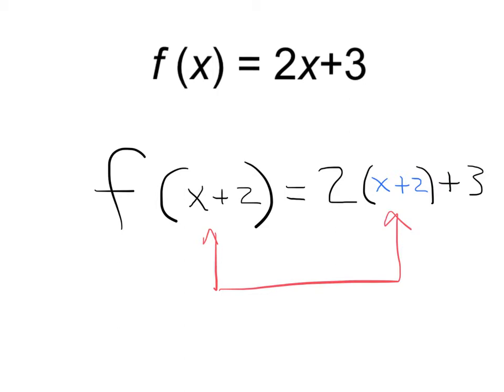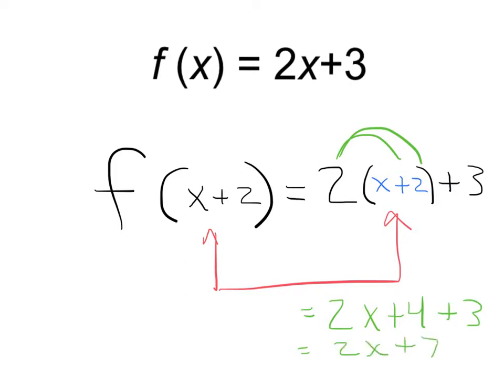And of course, then I could simplify that if I wanted to. I would distribute this 2 through the parentheses, which gives me 2x plus 4, and then I could combine my like terms to end up with 2x plus 7. So when we talk about modifying the argument, this is what we mean.